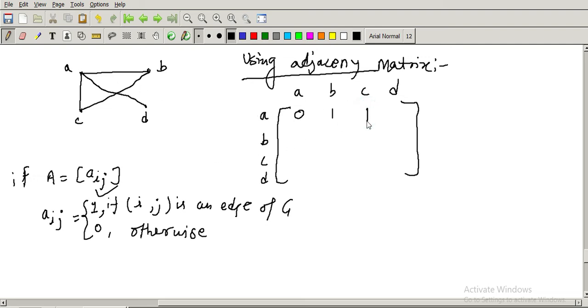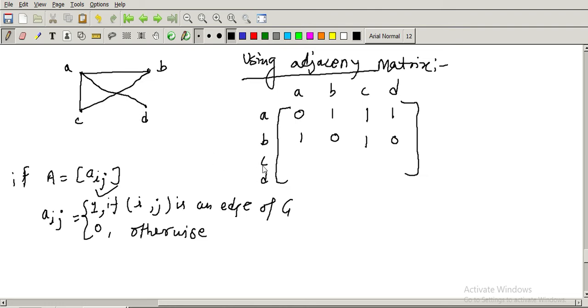Yes, we have this edge. Between A and D? Yes, so we write 1 here. Likewise for B: B to A we have an edge, B to B we don't, B to C we have an edge, and B to D we don't because B to D is missing.